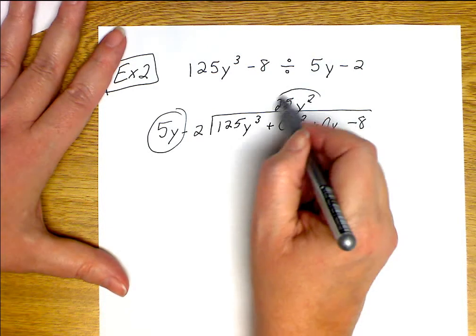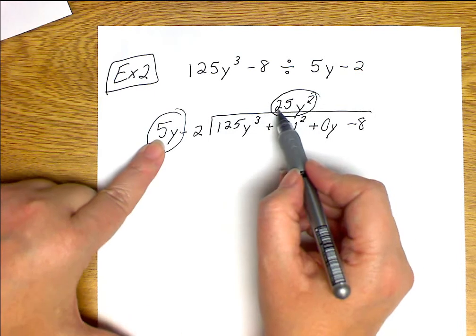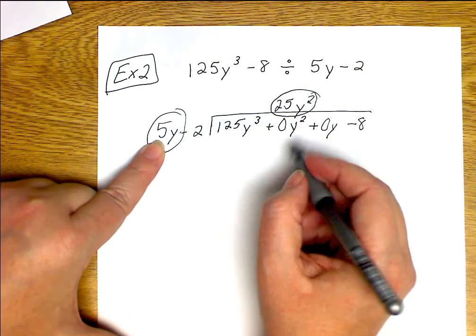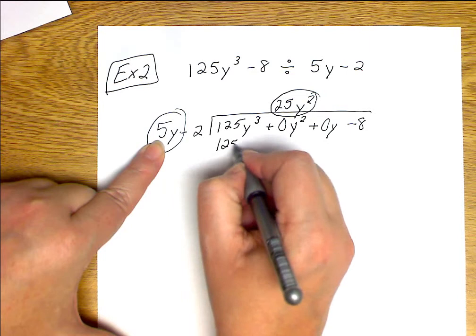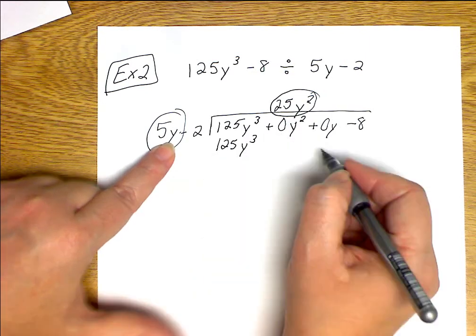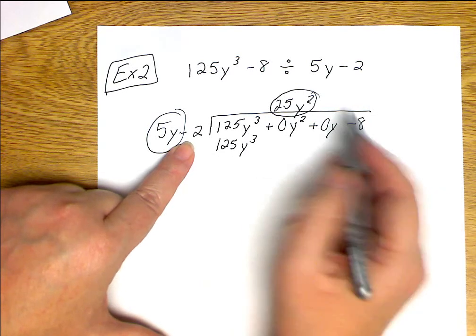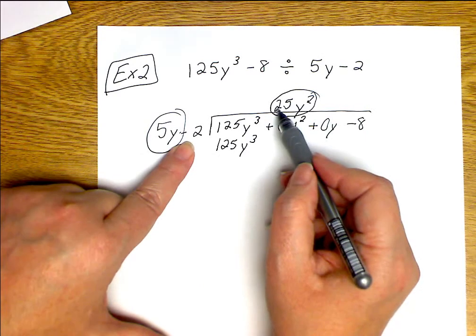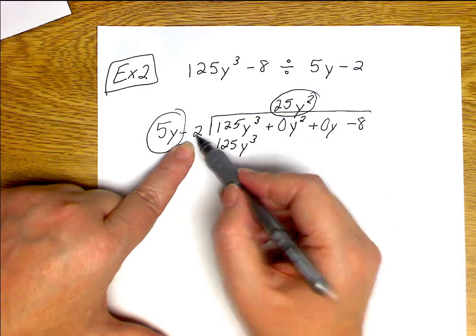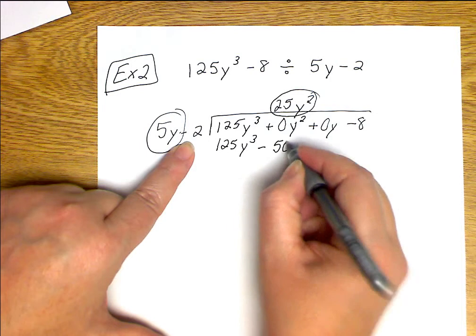Multiply this to this. So 5 times 25 is 125. Y times y squared is y cubed. Well, it's long division. So 25 times my negative 2 is a negative 50 y squared.